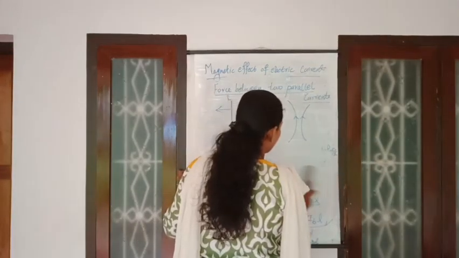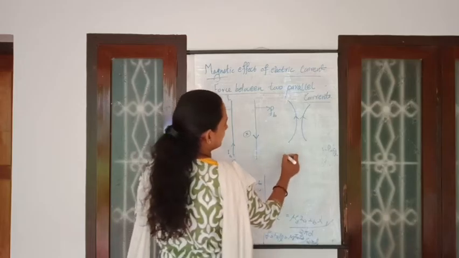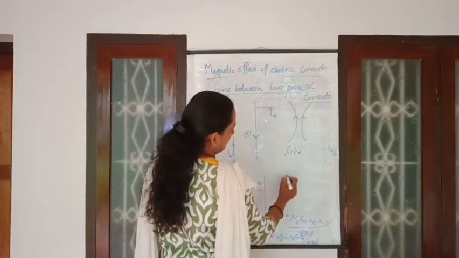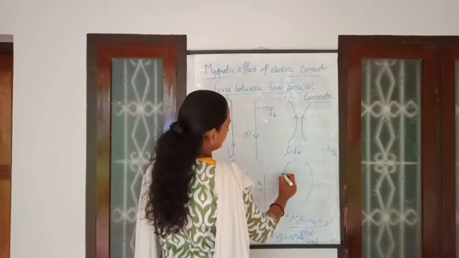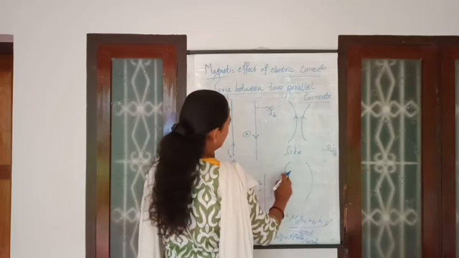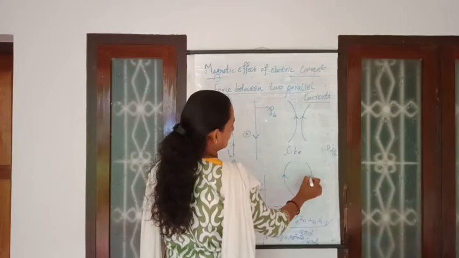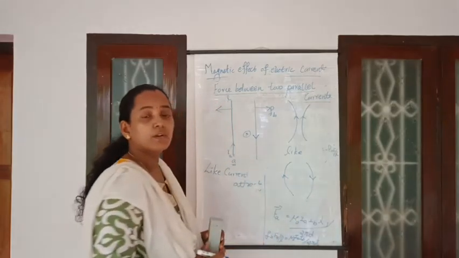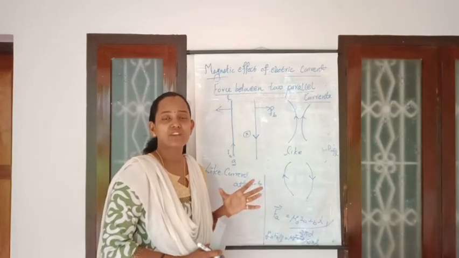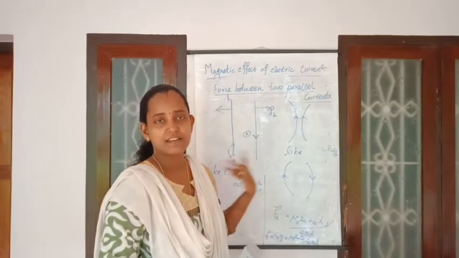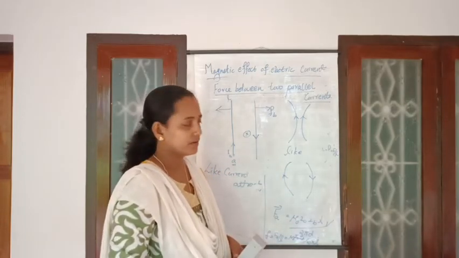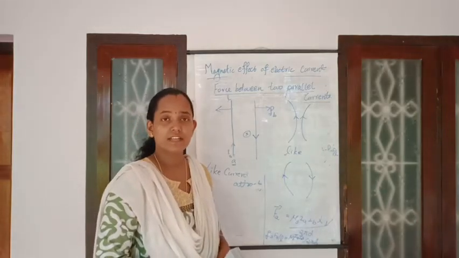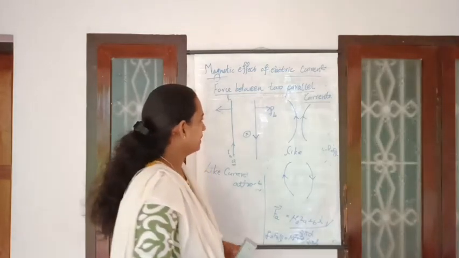Therefore, with unlike currents, opposite currents, they are repelling. But we know that in the case of charges, like charges repel and unlike charges attract. In the case of currents, it is just the opposite. Understood? This is one of the important sections, usually asked in problems also.